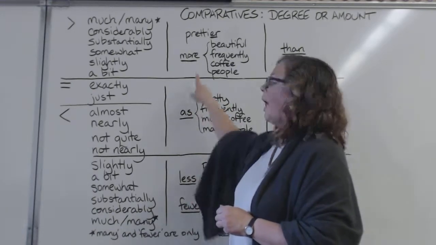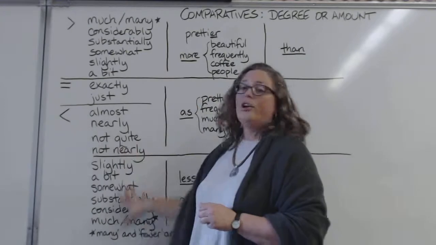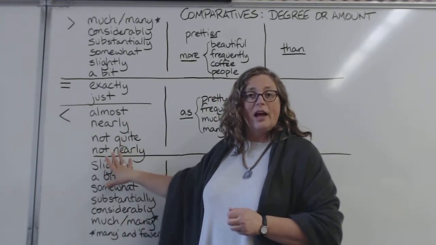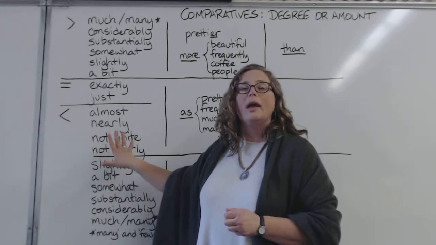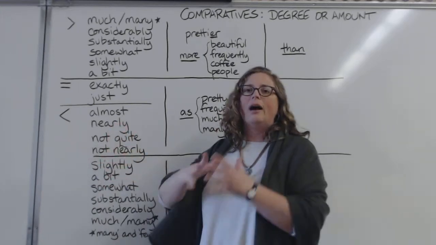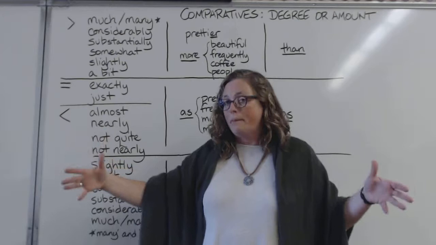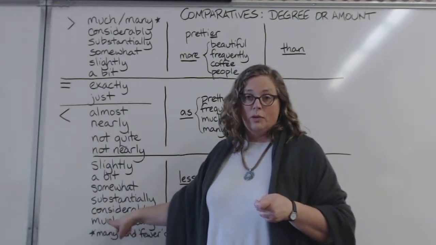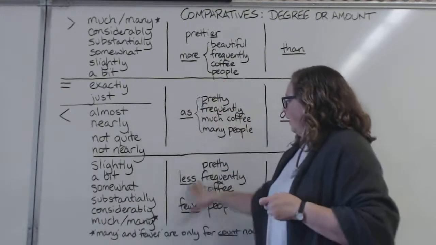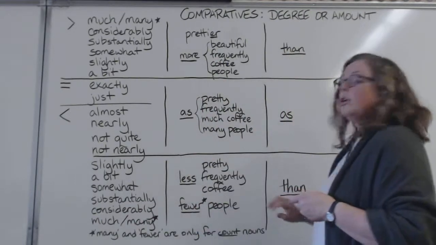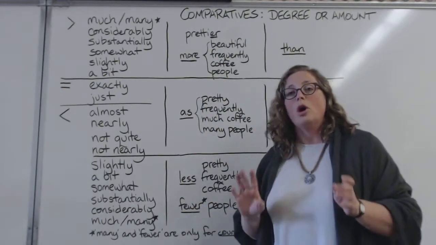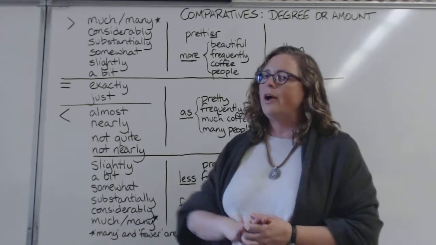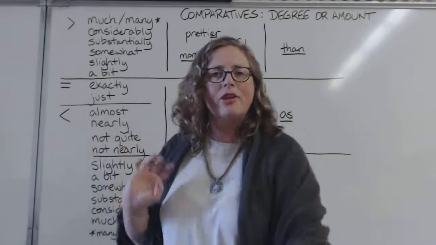That is required. These are not required. These are for you to decide if you want to express the idea of degree or amount. Then you can use these to do that. But these parts here, you need to use to show comparative. So, I hope you enjoy using your comparatives. Go around and compare everything you see.